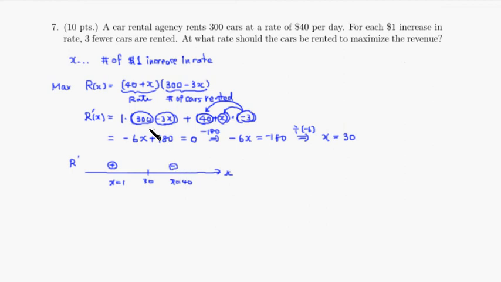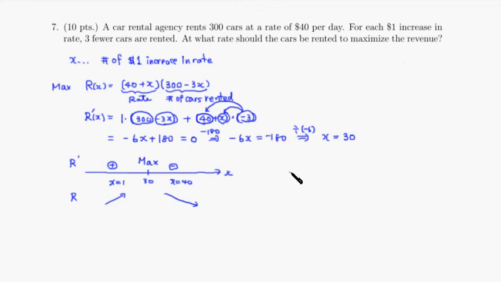So we know that the revenue function before x equals 30 is increasing, and after 30 it's decreasing. So we know that at x equals 30, you have a maximum.